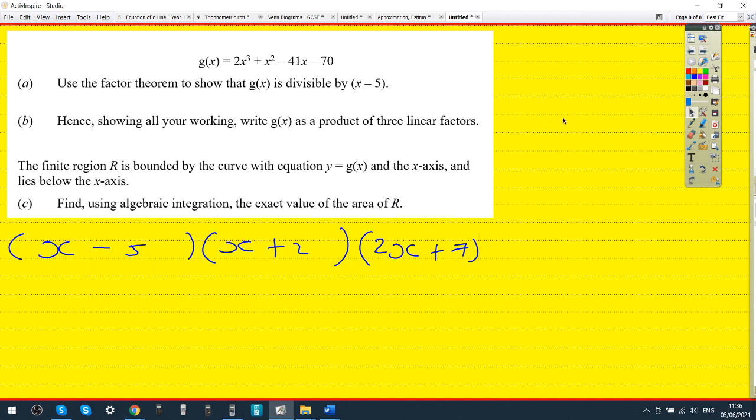The finite region is bounded by the curve of this equation and the x-axis, find the value of r. You're so right, A and B wasn't necessary for C at all. So after you integrate it, what do you do? We did need to integrate it. Wait, so we don't need to integrate? No, we did need to do A and B.